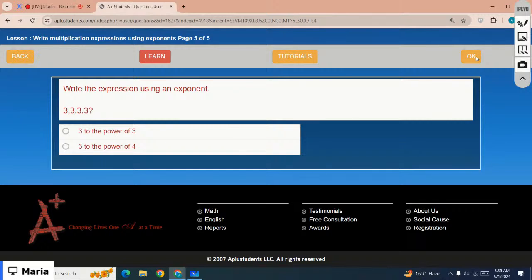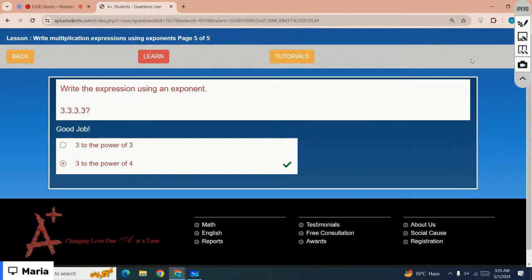Write the expression using an exponent. So, which is the correct option? That would be 3 to the power of 4 because 3 is multiplying 4 times, right? Okay, we are done with the lesson.